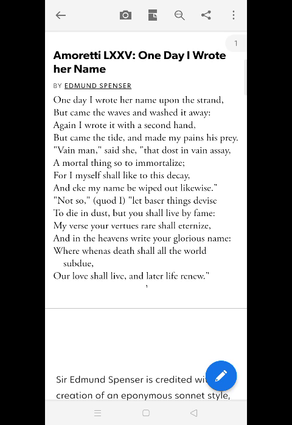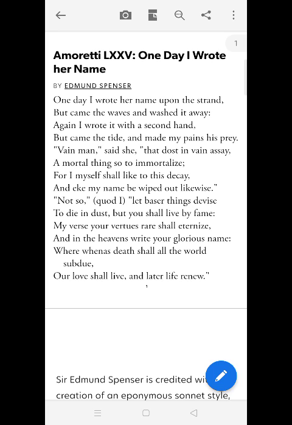So basically it is a love poem where we find the theme of love, and what kind of love the poet is addressing here: the love between him and his beloved is a kind of immortal love, denoting his immortal relationship.